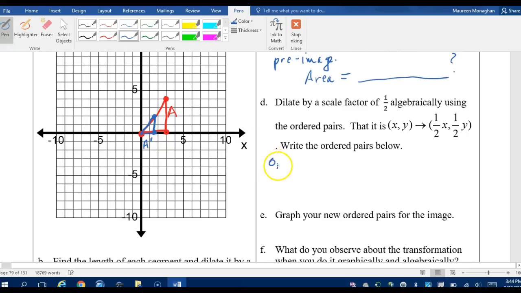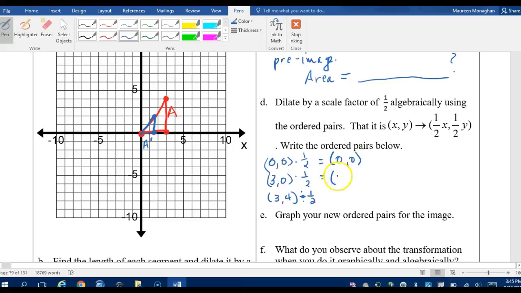So write the 3 points, 0, 0, 3, 0, and 3, 4. And now we want to take each one by 1/2. That should be times a half now. So this one doesn't change. We get 0, 0.